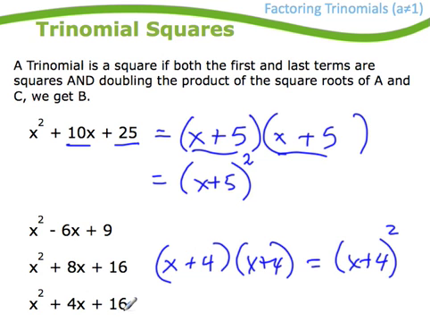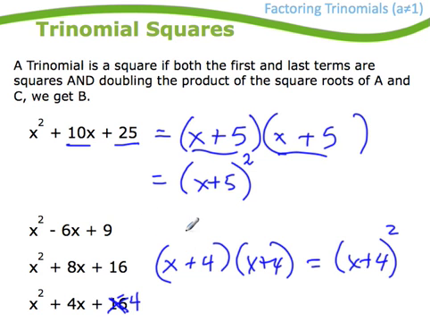I don't think it should be a trinomial square because 16 is 4 times 4, and 4 plus 4 is 8, not 4. This number probably should be something like 4. So two numbers that multiply to 4, 2 times 2, and add to 4 would be 4. So that would be a trinomial square. What I had there originally would not have been.